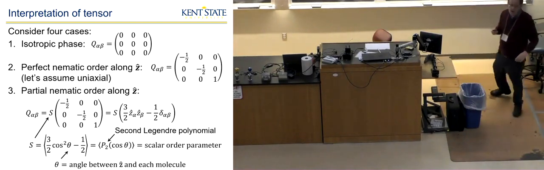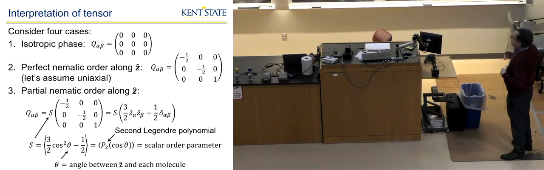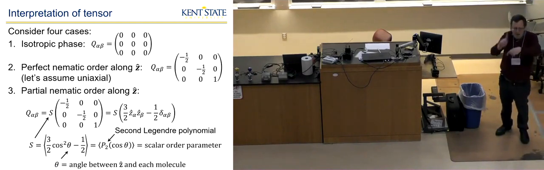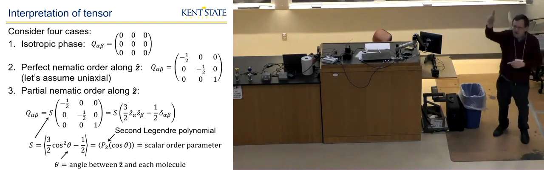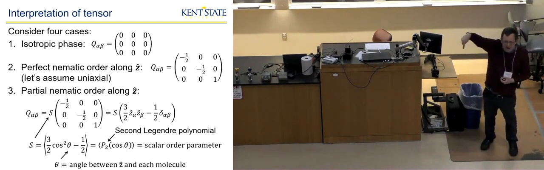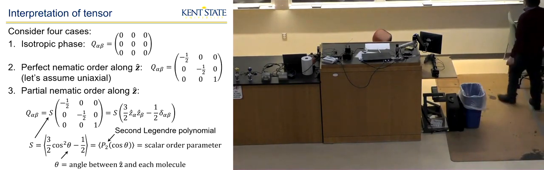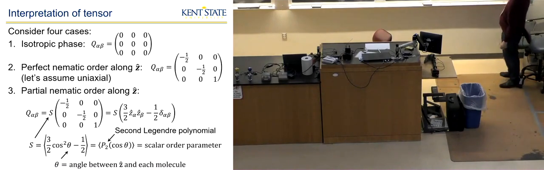For a different example, suppose every molecule is perfectly oriented along the plus or minus z-axis. Half are pointing straight up, half are pointing straight down, nothing else. Well, in that case, the average of all the Lz are plus or minus 1, so the average of Lz squared is 1.